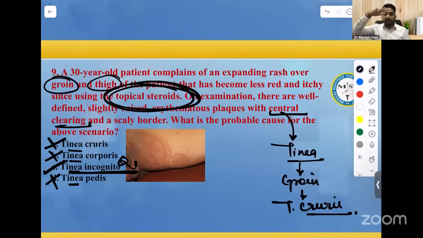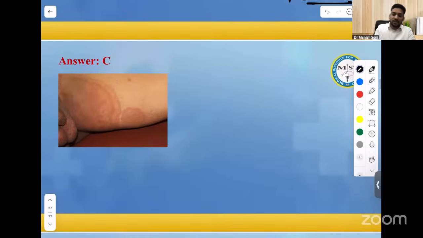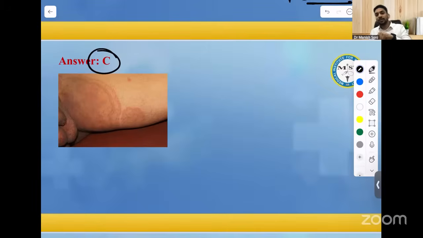Steroids are immunosuppressive, so they suppress the tinea, and the itching becomes less, the redness becomes less, but the tinea is still persisting and gradually increasing. Such tinea, which is hidden, less itchy, less red due to application of steroids, is known as tinea incognito. So the tinea that develops after steroid application is called tinea incognito.